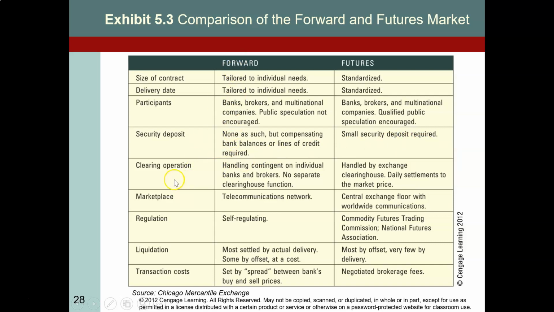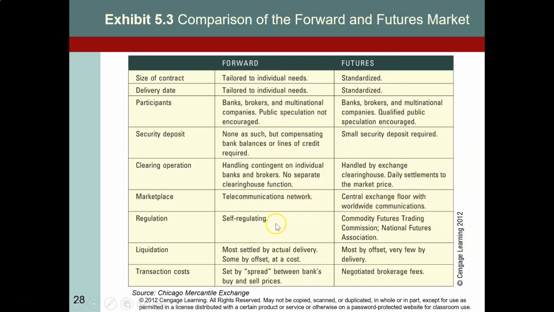For forward, the clearing operation is handled contingent on individual banks and brokers. No separate clearing house function. For futures, it's handled by the exchange clearing house with daily settlements to the market price. For forward, there's a telecommunication network, and for futures, there's a central exchange floor with worldwide communications.